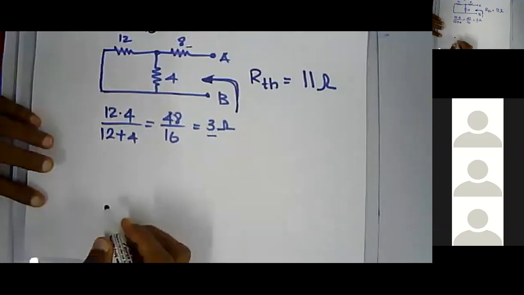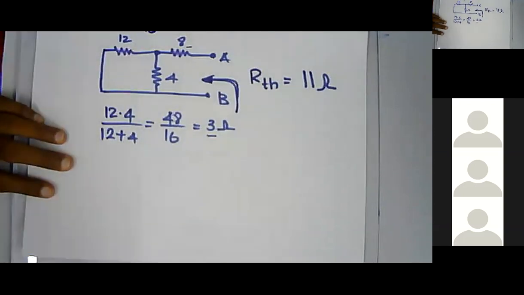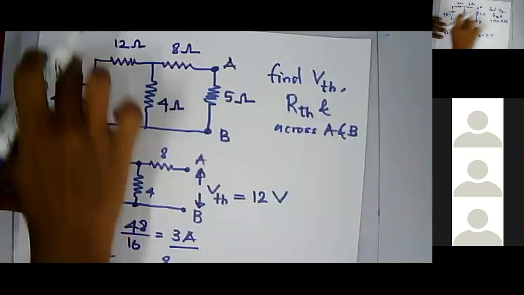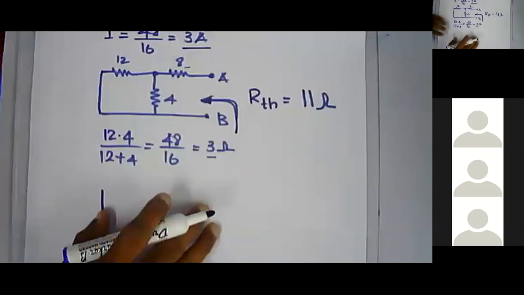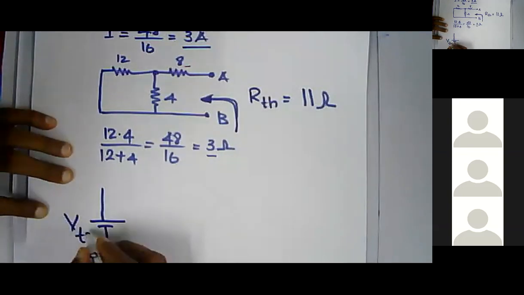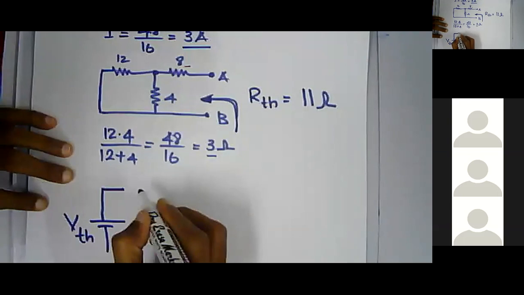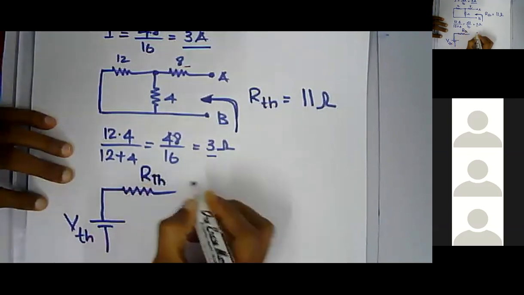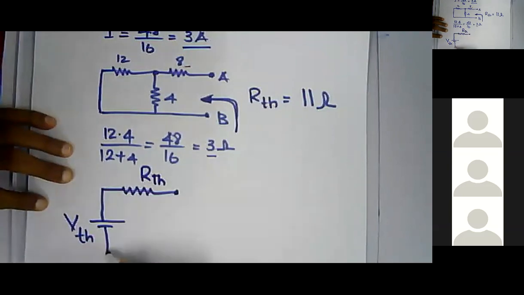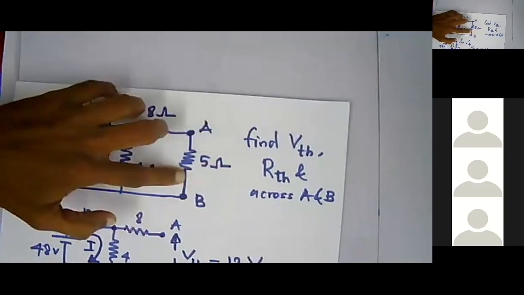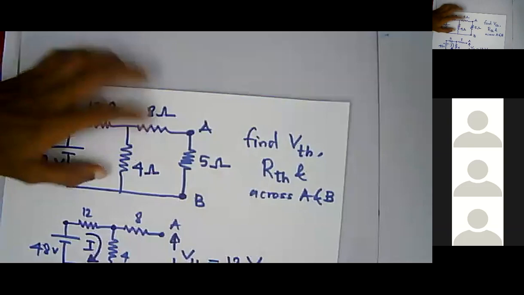What Thevenin's theorem states is that any circuit can be replaced with a circuit which has VTH as the sole battery and RTH as the sole resistance across A and B. Now look here. What is the resistance you have across A and B? Which is 5 ohm.